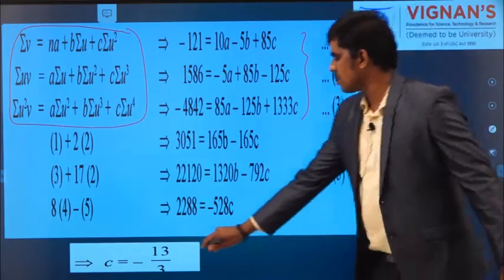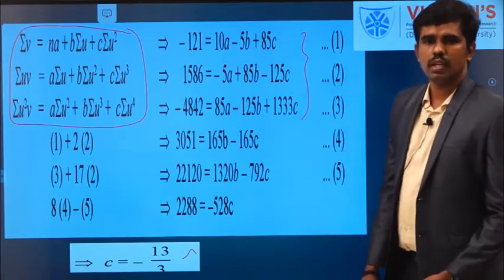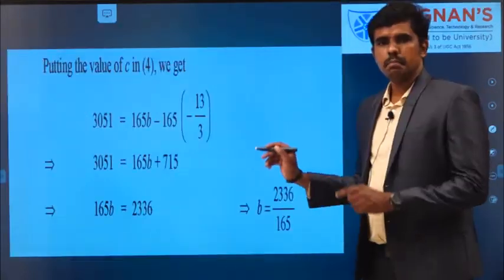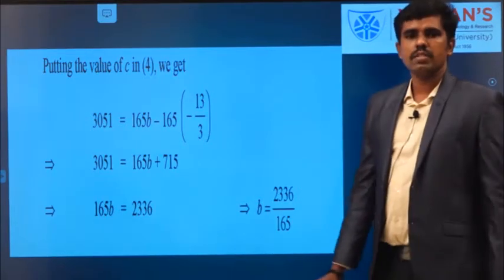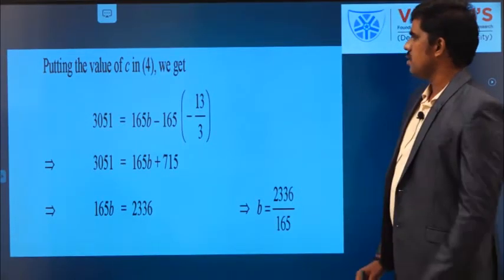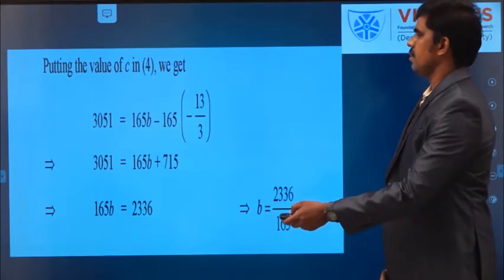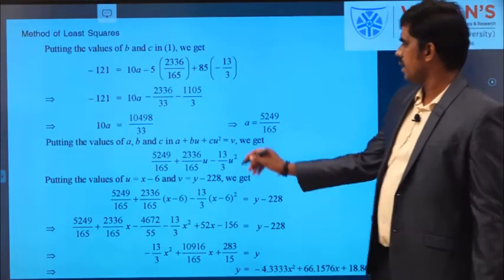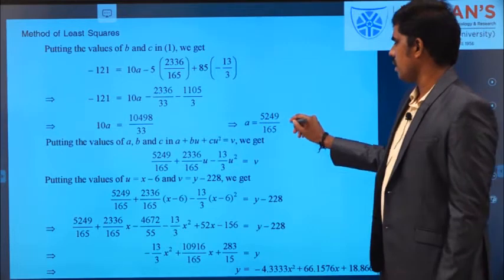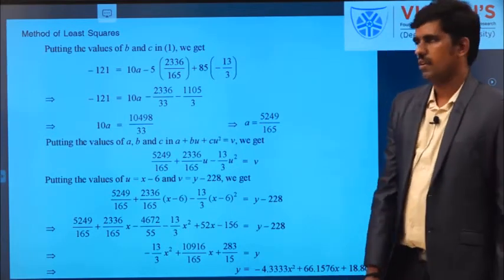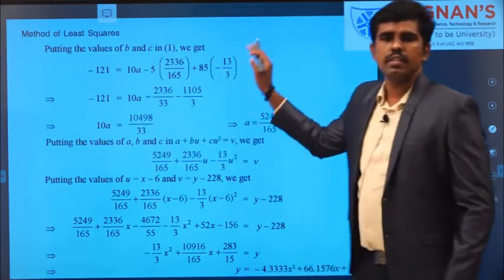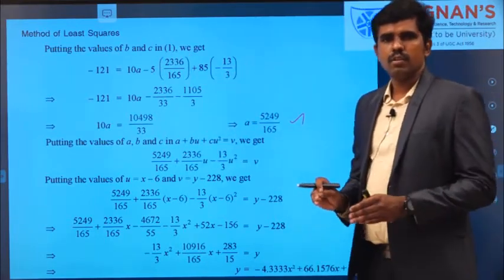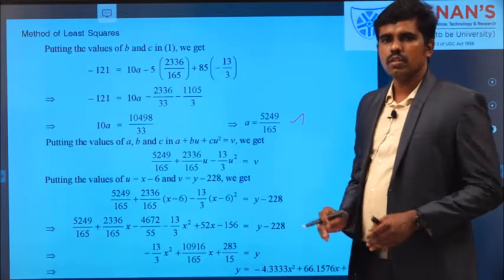Actually what I am getting: C is minus 13 by 3, then B you will get 2336 by 165, then the C value we already found, then the A value you can find also, 5249 divided by 165. So these you can find directly, no need of these steps. Directly you can find. You try to reduce the time duration to complete the problem.